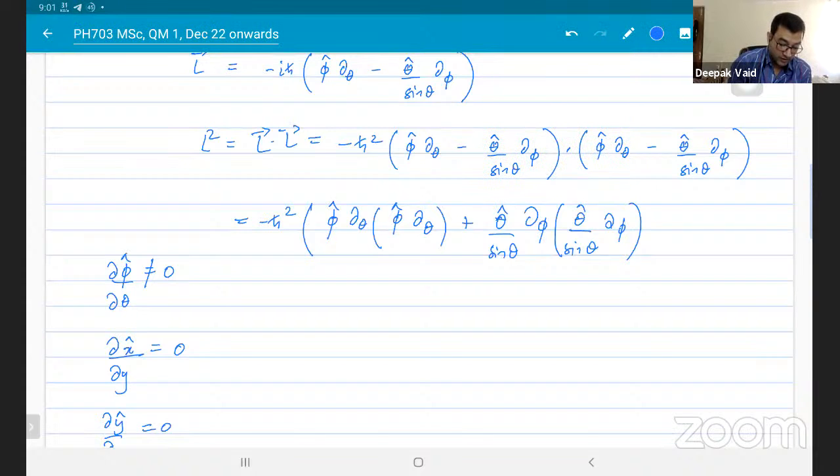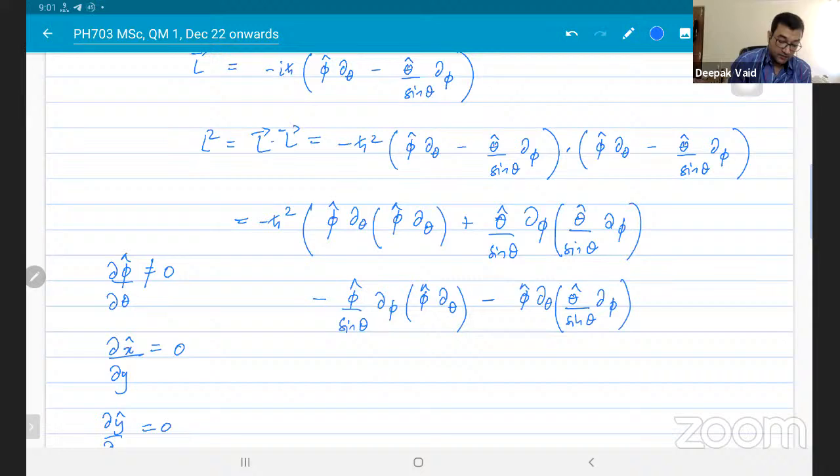You will also get some cross terms like this: minus phi hat by sine theta del phi acting on phi hat del theta, and another term which is minus phi hat del theta acting on theta hat sine theta del phi. But this will give you 0, and this term will cancel out.